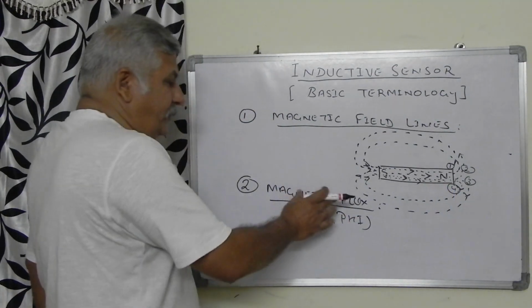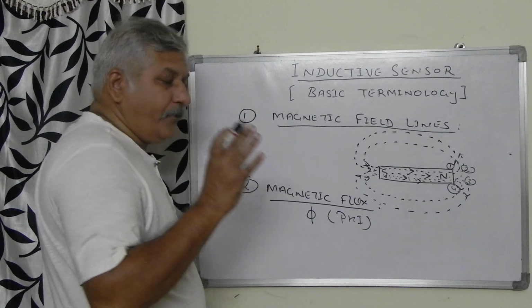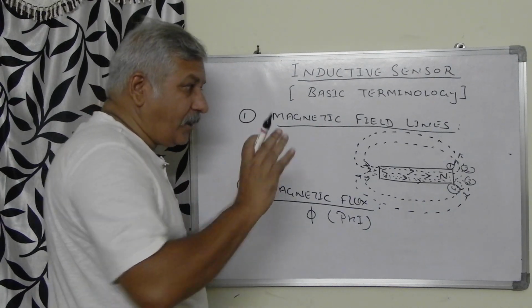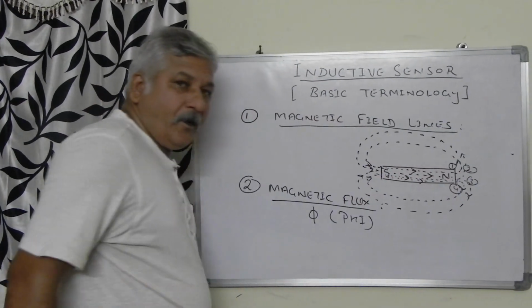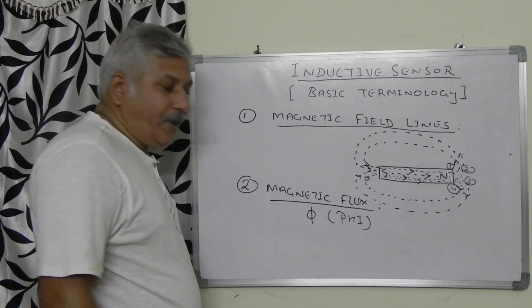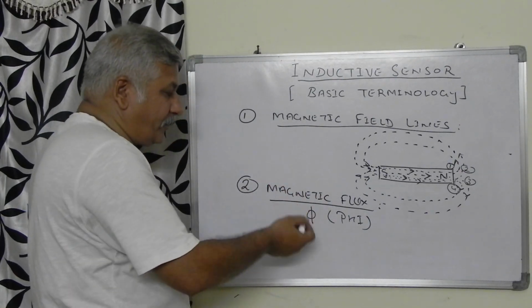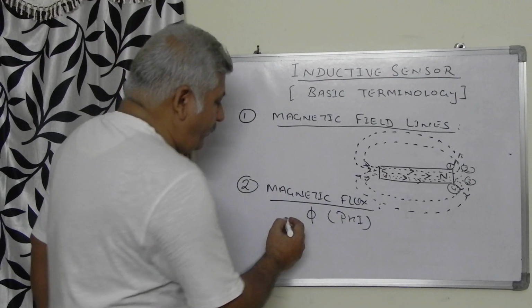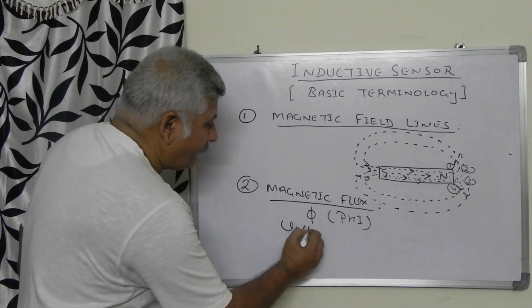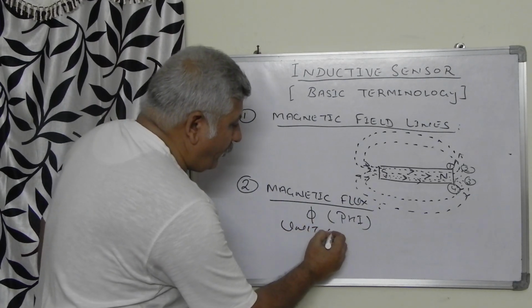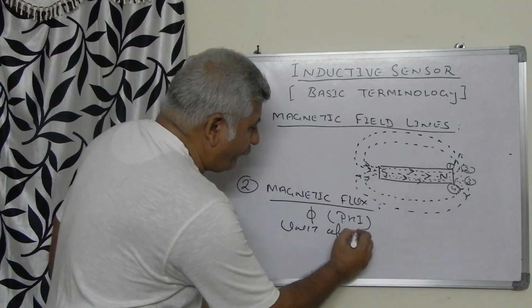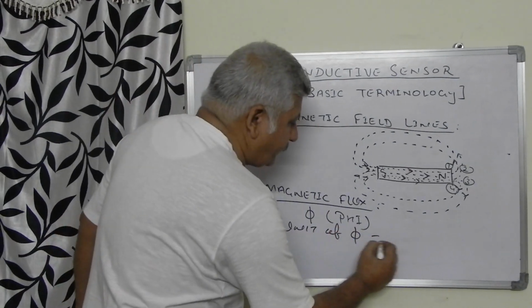So magnetic flux is the total number of magnetic field lines which come out from the north pole of any magnet, and it is represented by phi, and the unit of flux is Weber.